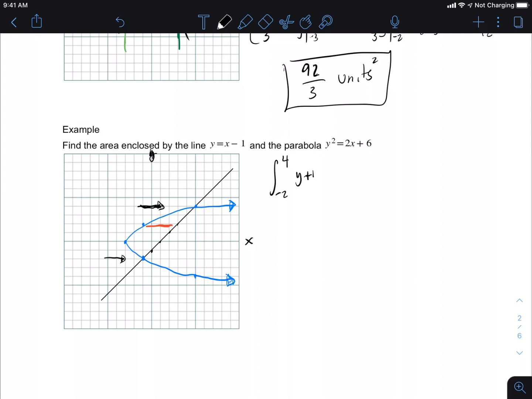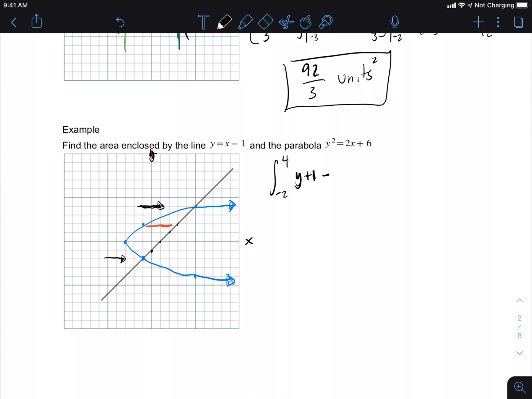That is the top, or let's say the right function, minus the further left function. And what's the further left function? Oh, well, y squared equals. Would it be when you take the square root?